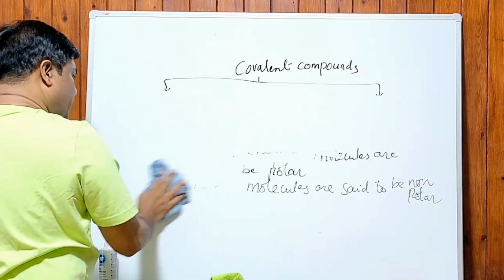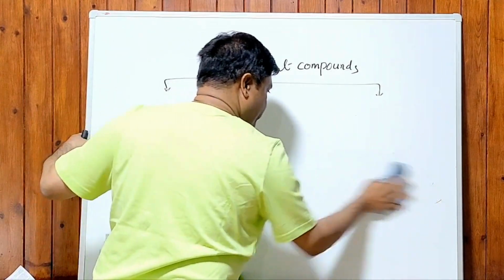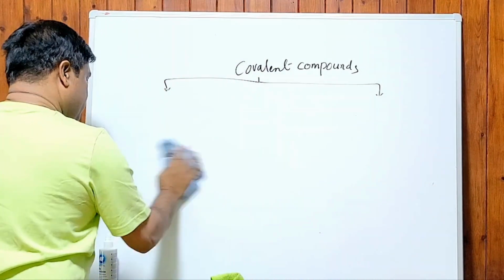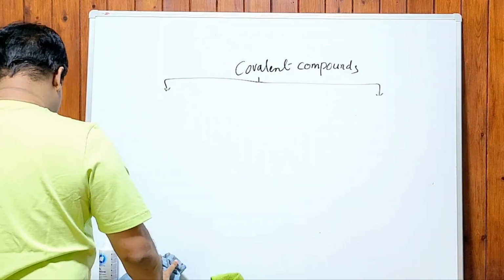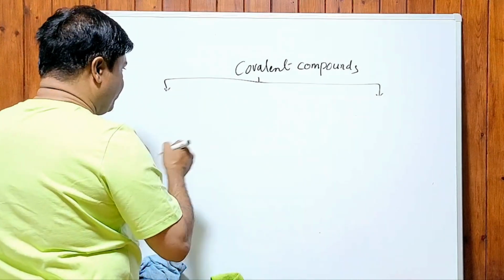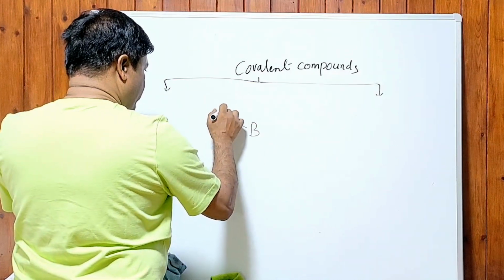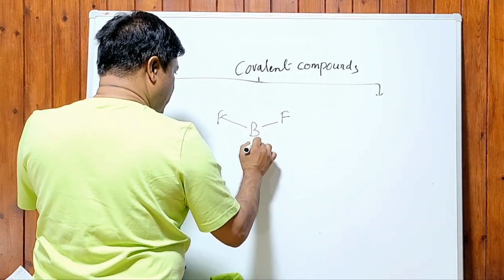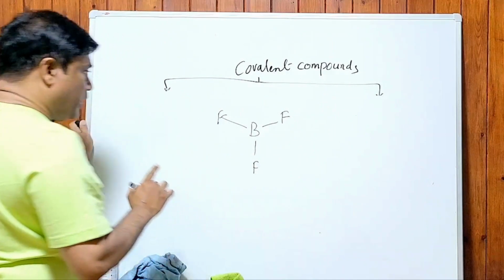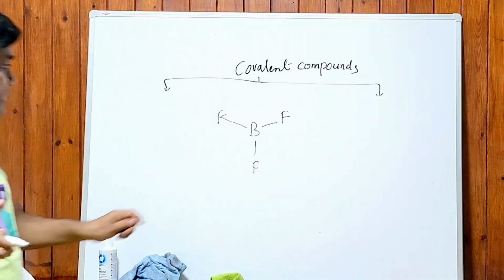Check whether BF3 is polar or non-polar. BF3, boron trifluoride, has three fluorine atoms. There is a difference in electronegativity, guys.